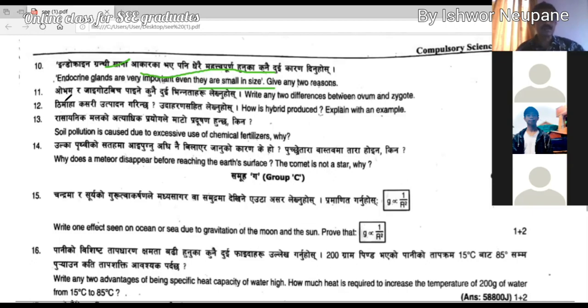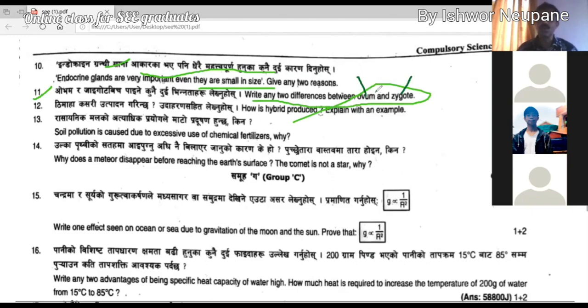Now, students, number 11. Write any two differences between ovum and zygote. Ovum is haploid, represented by n. Zygote is diploid.